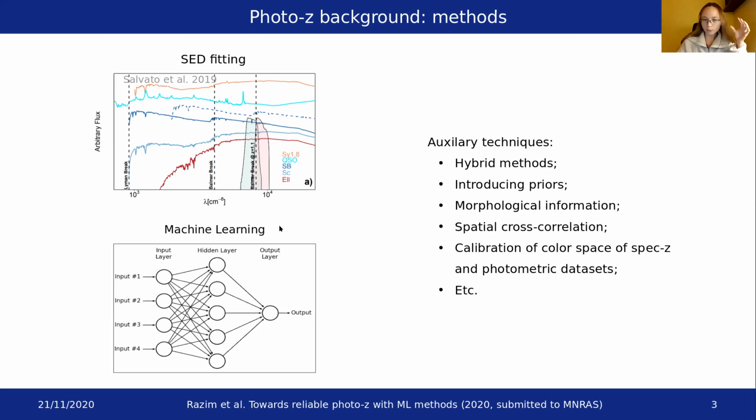Apart from these two main methods, there are a number of supporting techniques that have been very extensively investigated in the last 10 years. It's hybridization of these two methods, introducing priors, additional information, etc., anything to improve photometric redshifts, because our cosmological research relies on it very much.